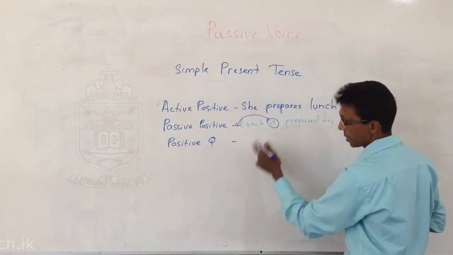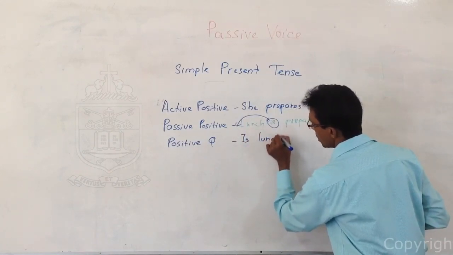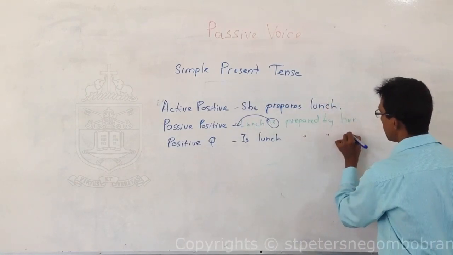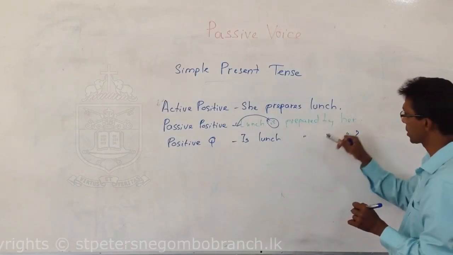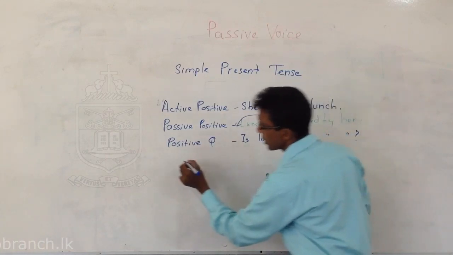So let us write that. Is lunch prepared by her? This is how it is, prepared by her. I have put commas. You can understand it, right? Then we come to negative.